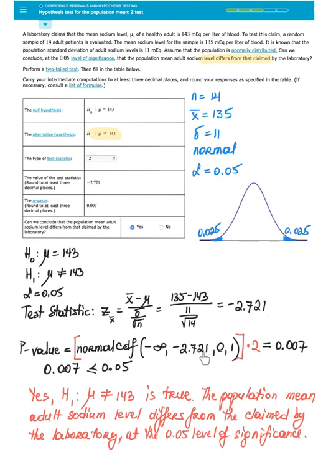So once I double that quantity, I got 0.007, which really means only half of this quantity, or 0.0035, 35 10,000ths, is the amount of area to the left of negative 2.721. Well, my alpha is 5%, which means for two-tailed test, 2.5% of area is in the rejection region on the left, and 2.5% of area is in the rejection region on the right. Where is this amount of area divided by 2?